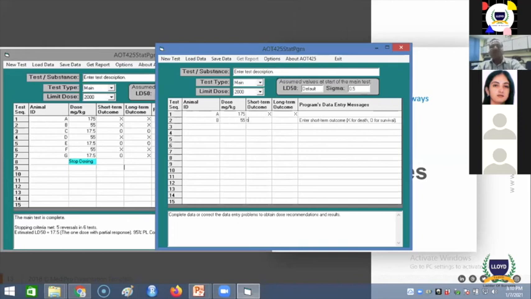See whether the animal dies or not. I am saying the animal did not die. Here also the animal did not die. Again, the software is suggesting go for 175. I am entering 175 dose. I'll say that the animal died at this dose. Then again, the next dose is suggested.